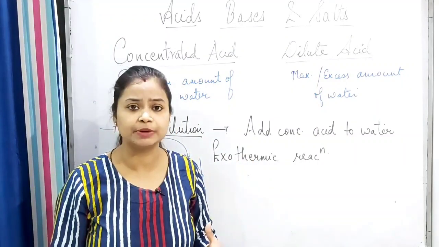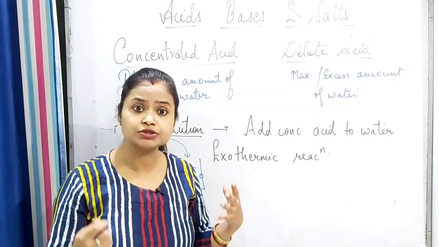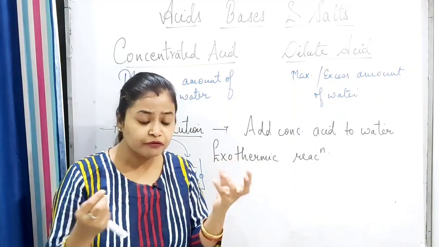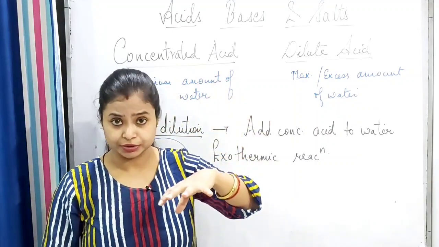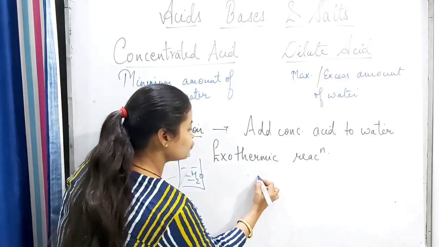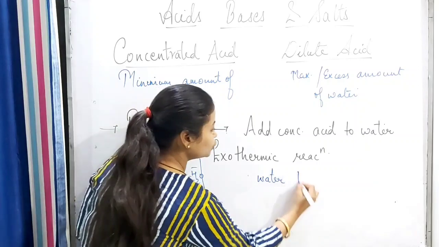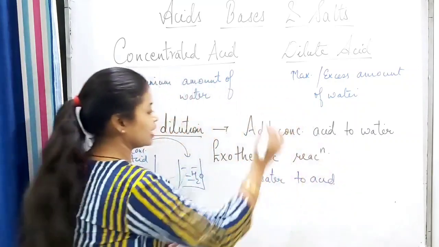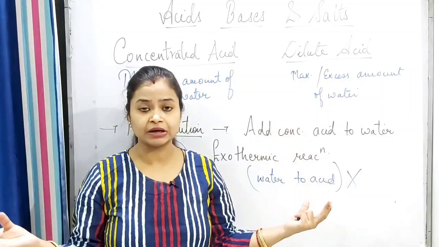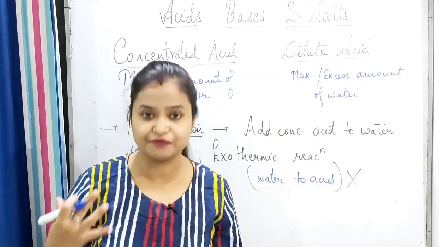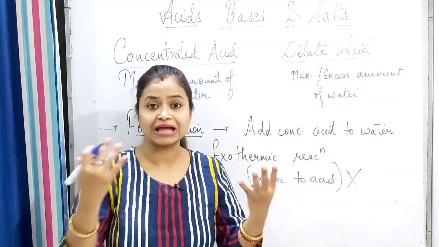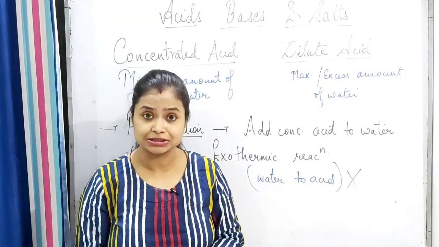A large amount of heat is liberated, and because of that, if you add water to acid, so much heat will be generated that it may splash upon our face. The acid can splash up and come out on our hands and face, which can cause severe burns and accidents.